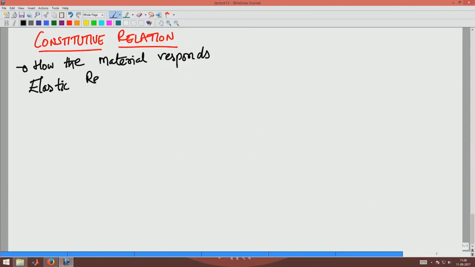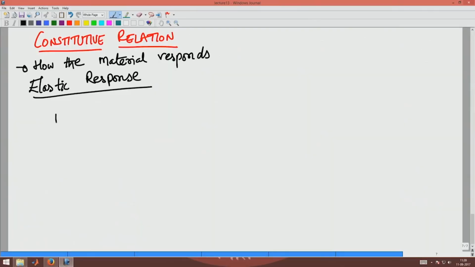Elastic response. A textbook definition of elastic response is: if I load a bar in uniaxial tension and let go of the force, it should come back to its original state. If I pull a bar and let the force go, it will come back to its original state.